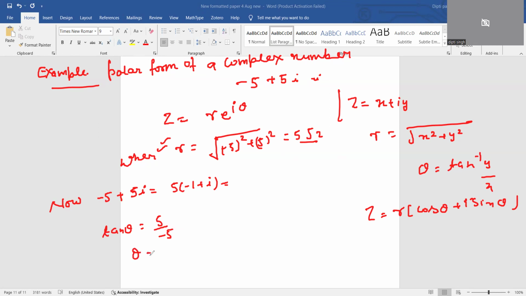This is tan theta equals minus 1. Tan theta equals minus 1, so theta equals tan inverse of minus 1, that is plus minus pi by 4. It will be minus pi by 4.